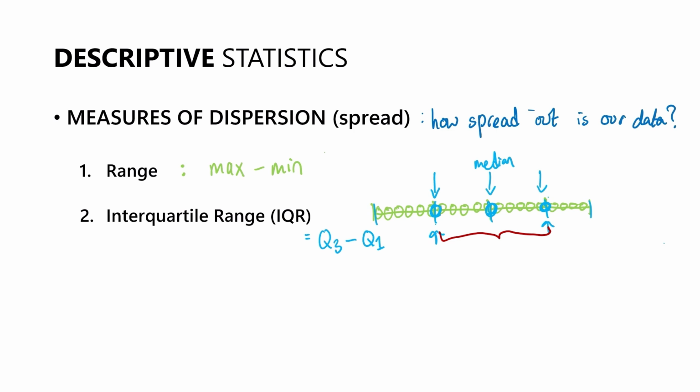Now, what we discussed with the first one, range, is that it measures the difference between the maximum and the minimum. So it essentially finds this, while the interquartile range is designed to disregard any outlier values in case there are any.